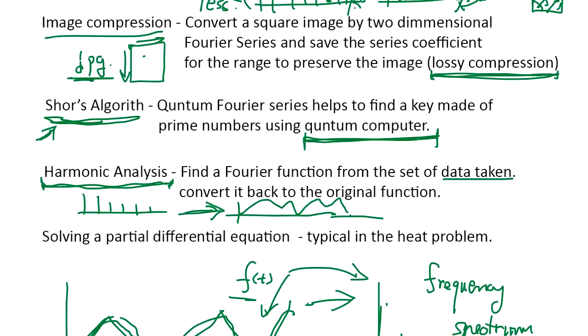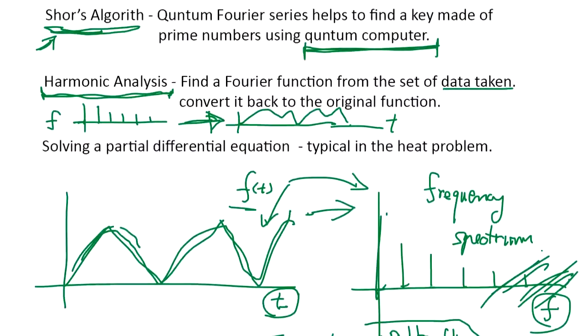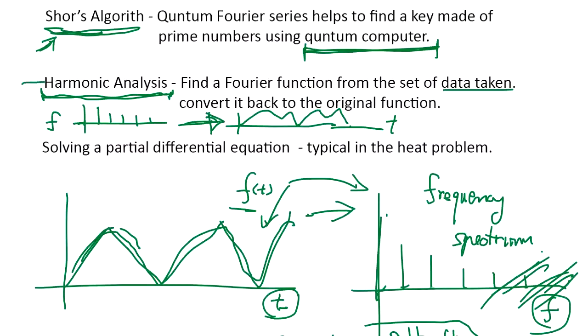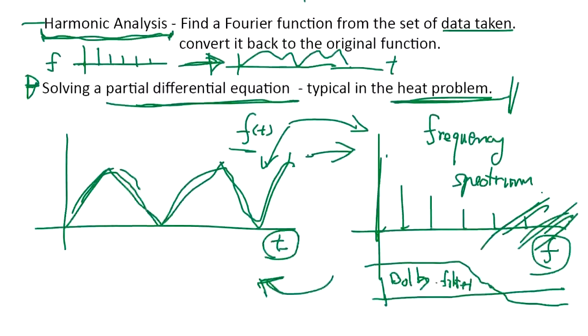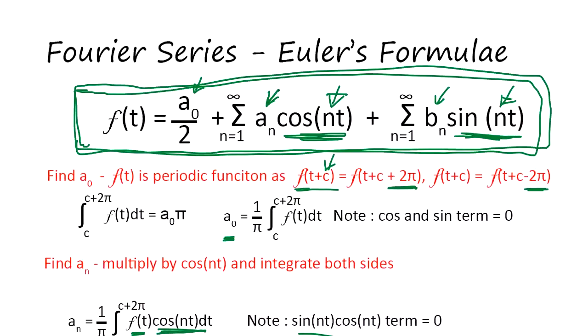So instead of analyzing what kind of waveform a system has, what you do is just make a measurement in the frequency domain and recover the waveform. That's the Fourier harmonic analysis. And finally, in solving partial differential equations like heat problems in engineering, Fourier analysis is very important. So that's what a Fourier series is about.